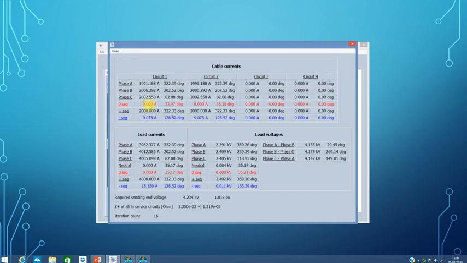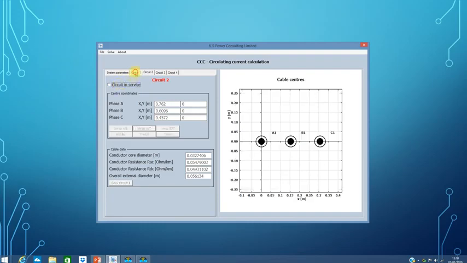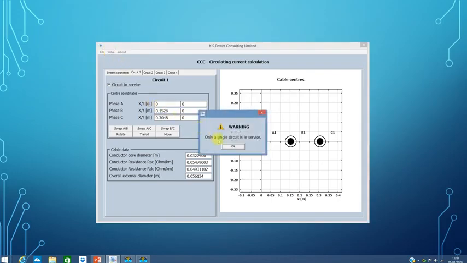Note, however, that there is still a small residual negative sequence current, and this is due to the flat arrangement of the conductors. If we were to run with just a single cable in circuit, so let's take cable 2 out of circuit, we're just left with cable 1, run the analysis again, so we have a warning there is only one cable in circuit.